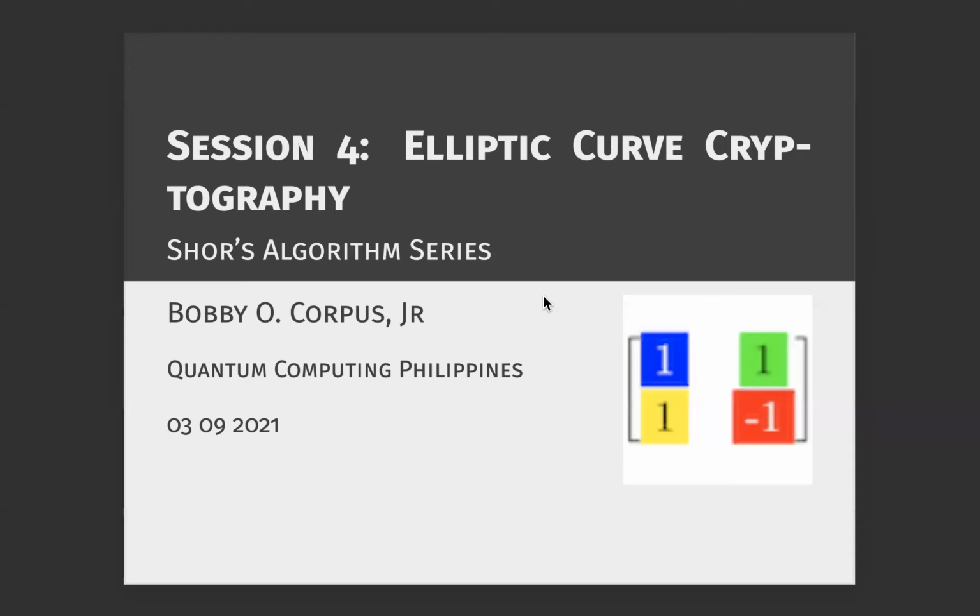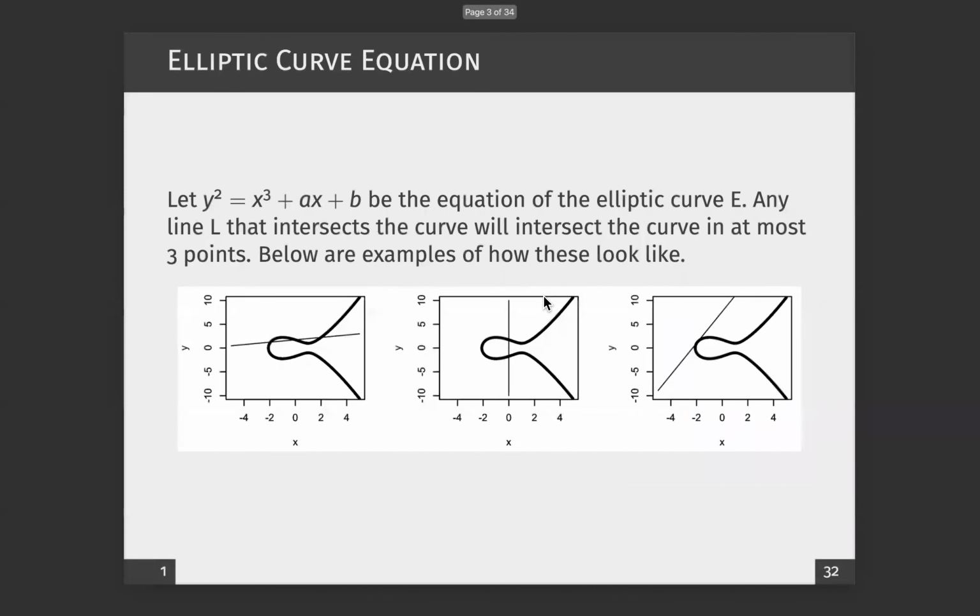Okay, so let's start. There is an equation called the elliptic curve, and it is defined by this formula: y squared is equal to x cubed plus ax plus b.